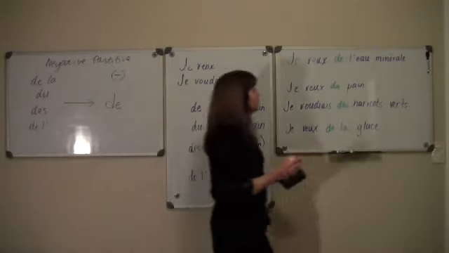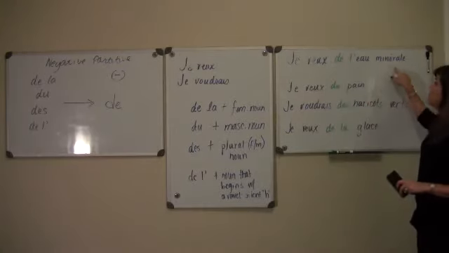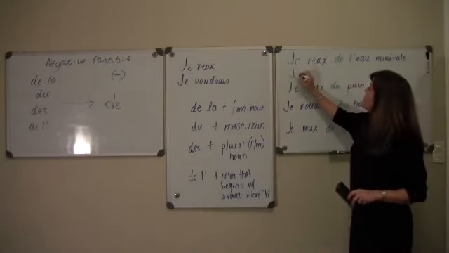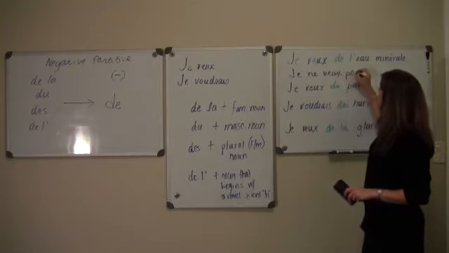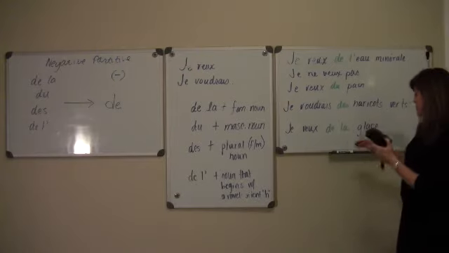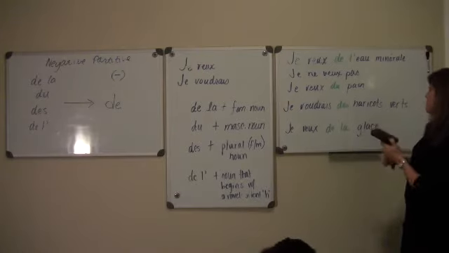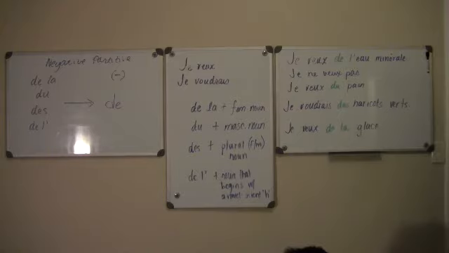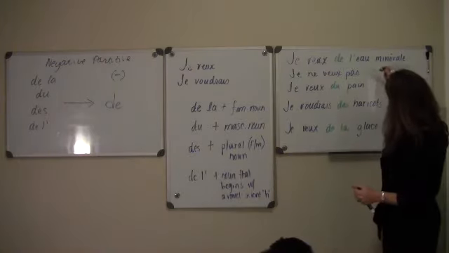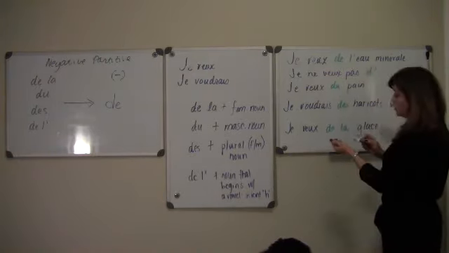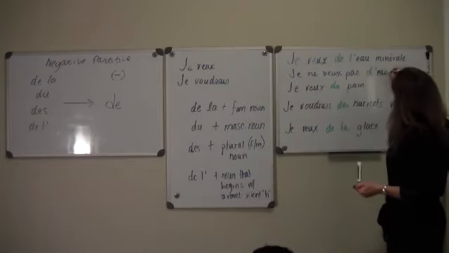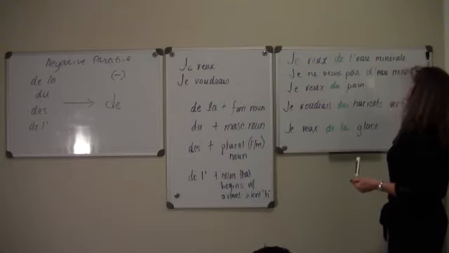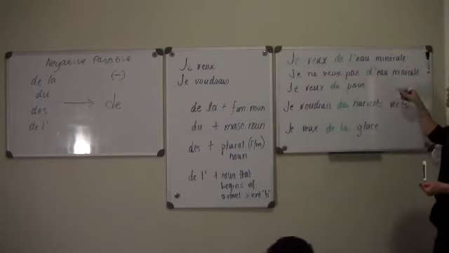So let's take a look at our sentences here. Je veux de l'eau minérale is going to be je ne veux pas d'eau minérale.